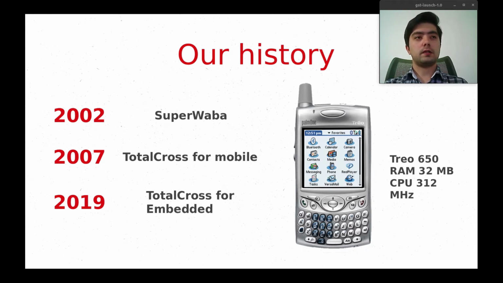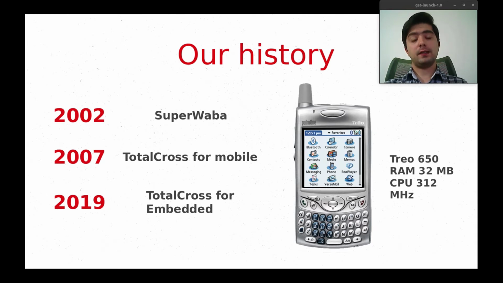So TotalCross architecture and applications started to be designed and developed for these devices. The intention was to create super low footprint and super high performance Java applications for these devices.